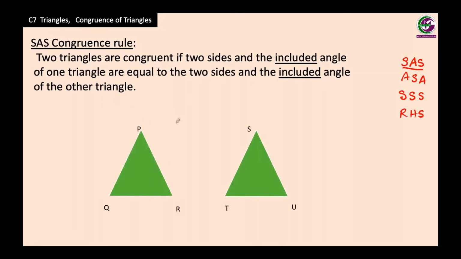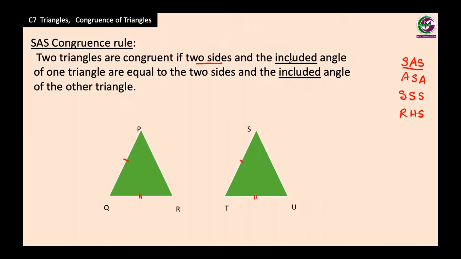Let us see with an example. Here we have 2 triangles PQR and STU. These 2 triangles are congruent if 2 sides, let us take the side PQ is the same as ST and QR is also the same as TU. So we have 2 sides.